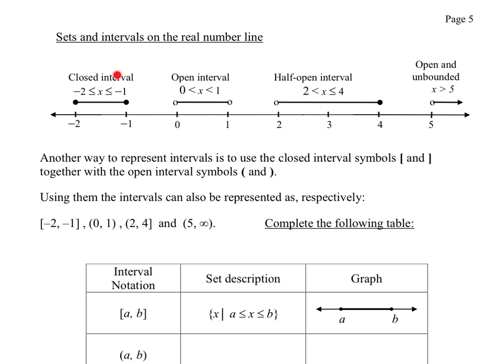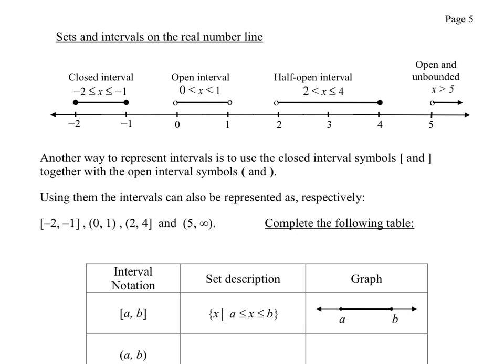Now, this is one way of writing an interval, with these inequality signs in here. Another way is to use these symbols. These square brackets mean that you can include the endpoints. So these ones here would be what you would use with this kind of interval.